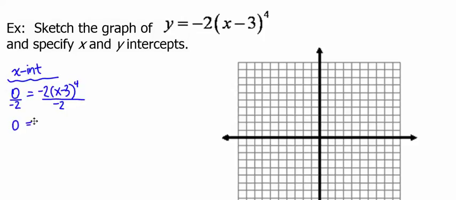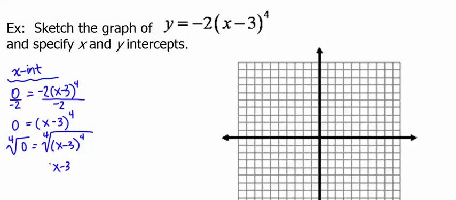I still have 0 equals x minus 3 to the 4th power. I'll take the 4th root of both sides. The 4th root of x minus 3 to the 4th is x minus 3. And the 4th root of 0 is 0. So I have an x-intercept at 3, 0.